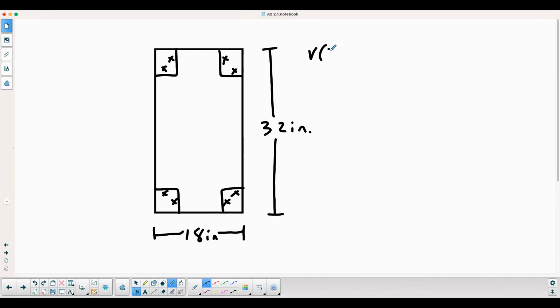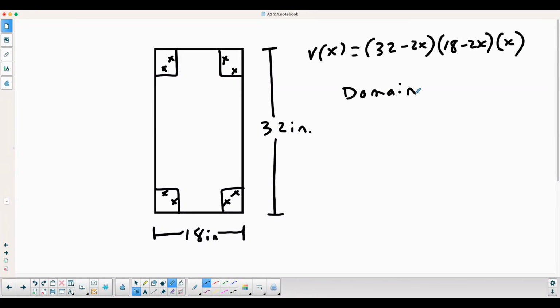So your volume function is going to be 32 minus 2x times 18 minus 2x times x. All right, it's always going to be each side length minus 2x and then times x for the height. So your domain, take your smaller side, which is 18. So x has to be less than half of that, so less than 9. Okay, 18 divided by 2 is 9. So your side lengths have to be smaller than 9.